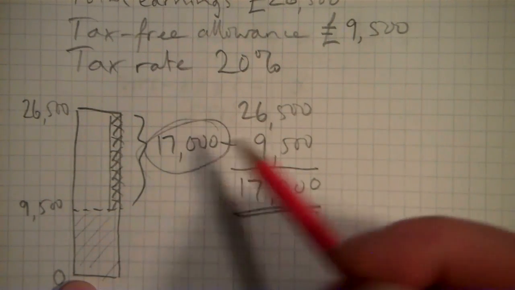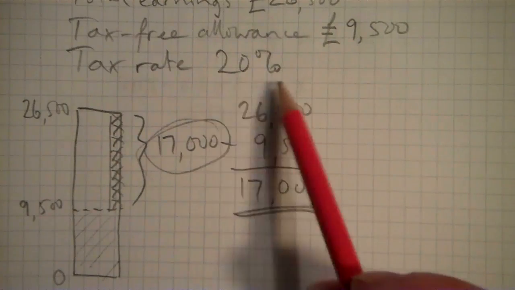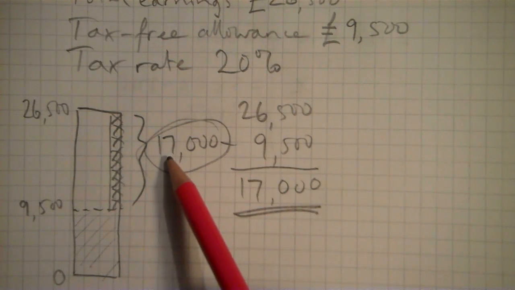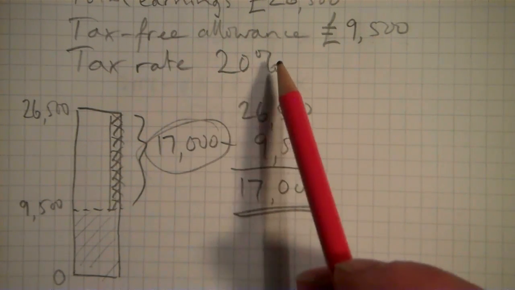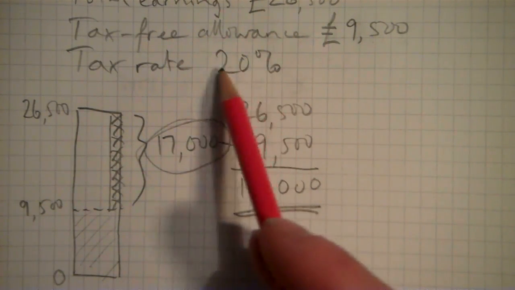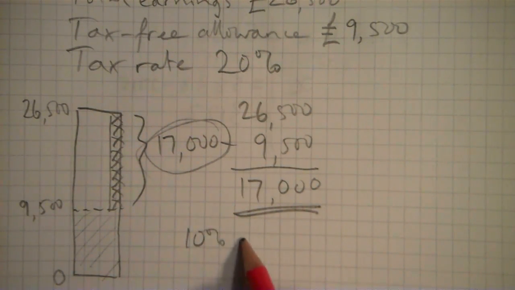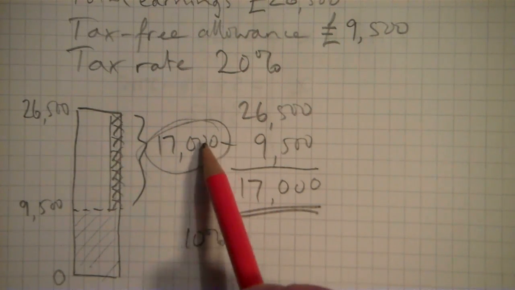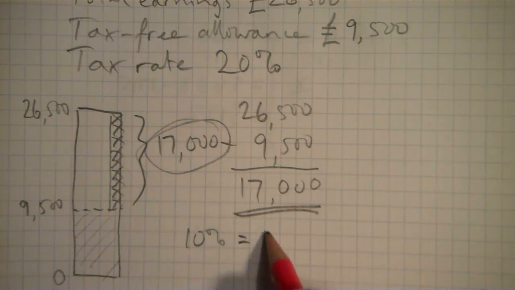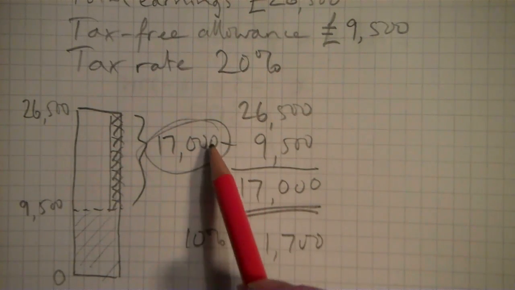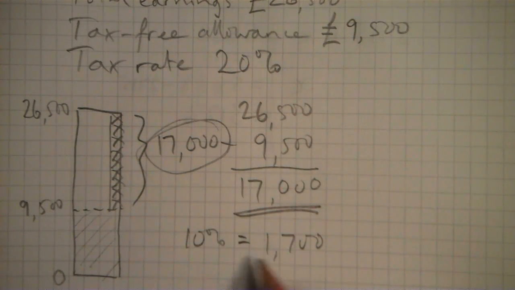Okay, and of that £17,000, she has to pay 20% of that to the taxman. So what is 20% of £17,000? Well, because it's a nice easy multiple of 10, we could say 10% of 17,000 would be a tenth of it. So just move the decimal place one and it would be £1,700. So 20% would be double that, or add another 10% on.